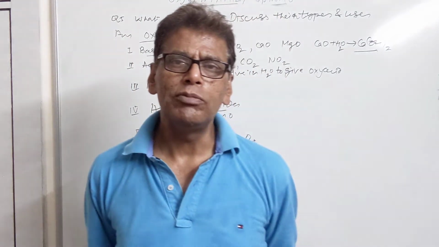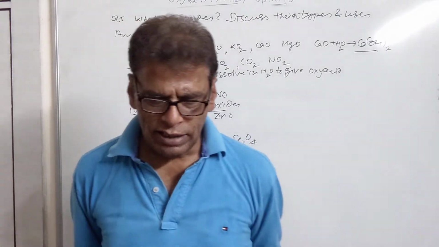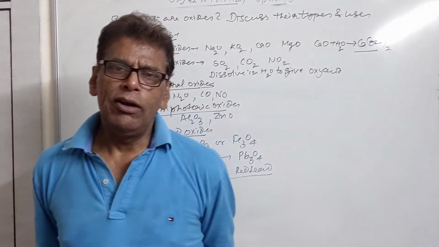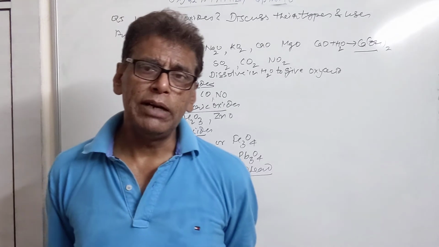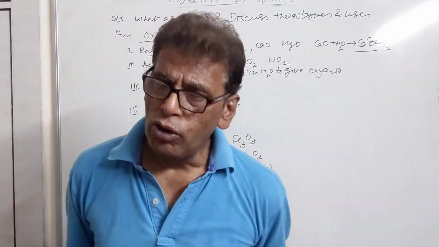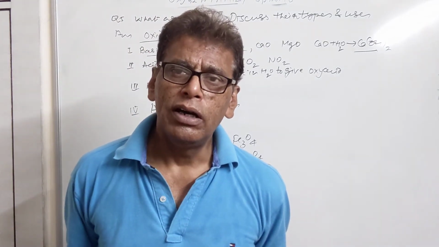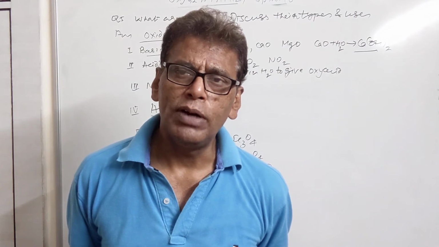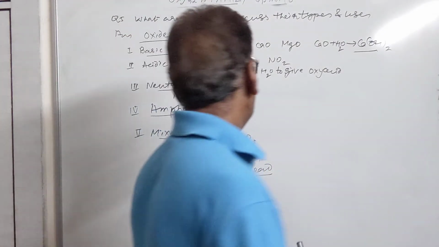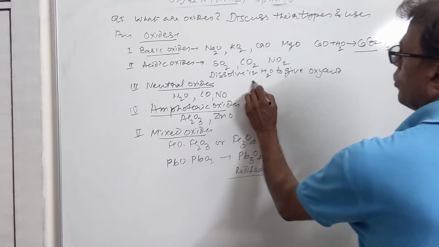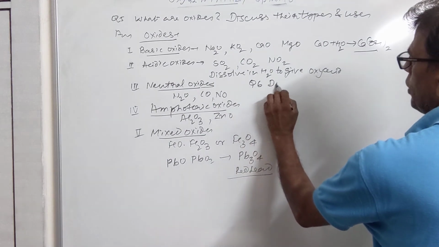They are called Brodie's ozonizer and Siemens ozonizer. And ozone can also be prepared by passing fluorine gas through water. अगर हम वाटर में से फ्लोरीन गैस को पास करें, then we get ozone. So let us now discuss the preparation of ozone.